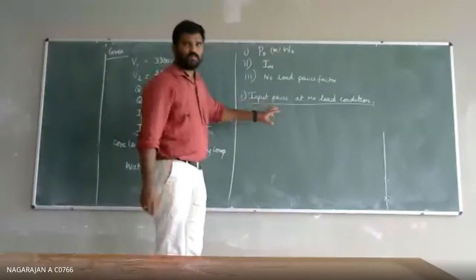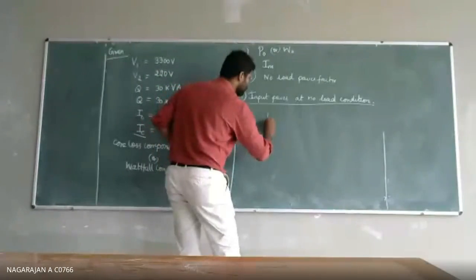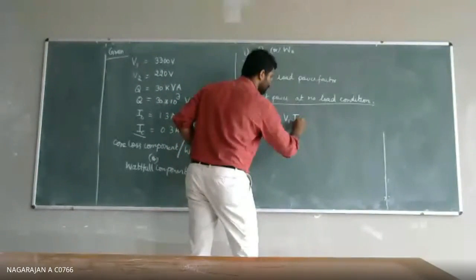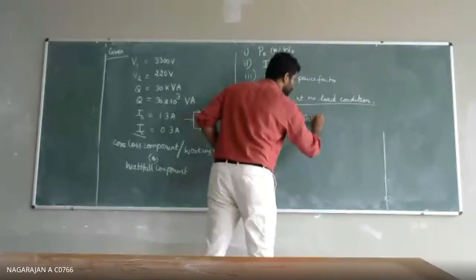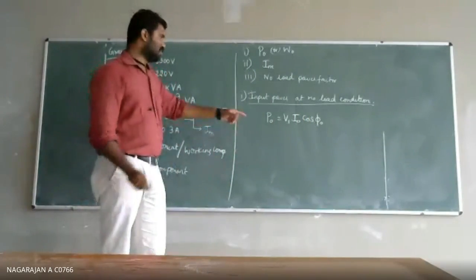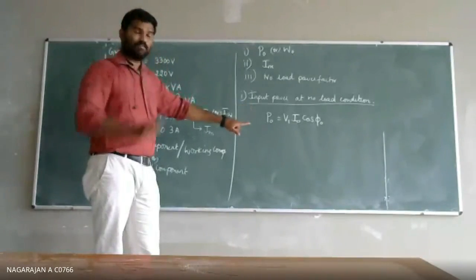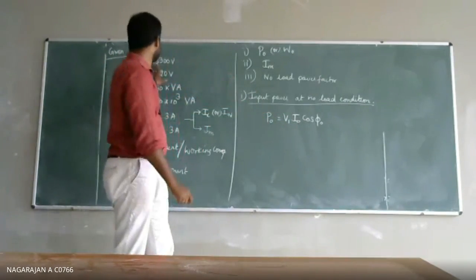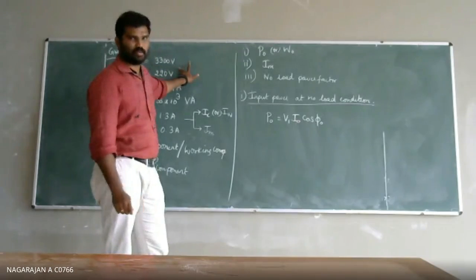So the no load input power can be written as V naught is equal to V1 I naught cos phi naught. Okay. So look at this equation. Available from this equation is V1 is given as 3300 volts.